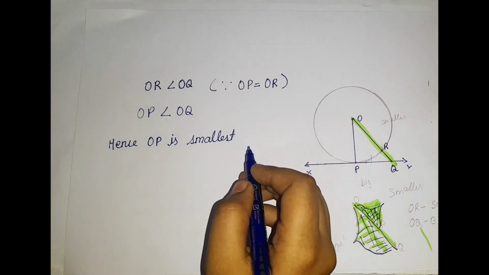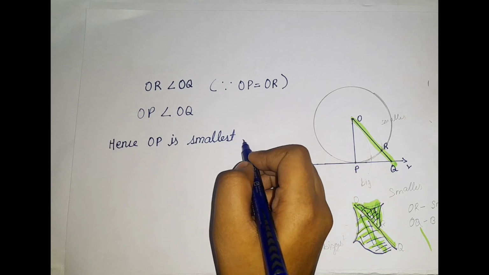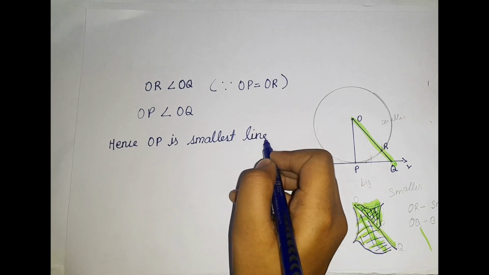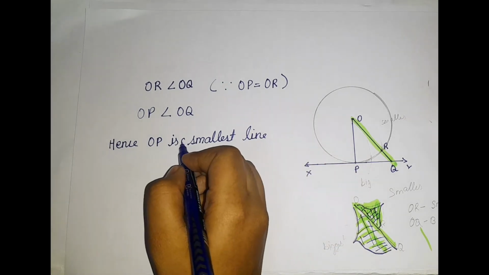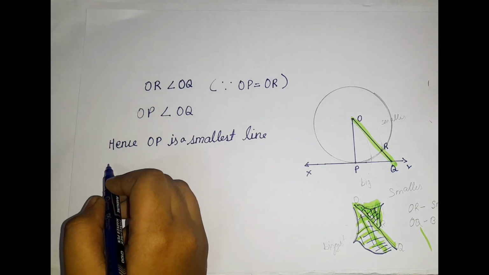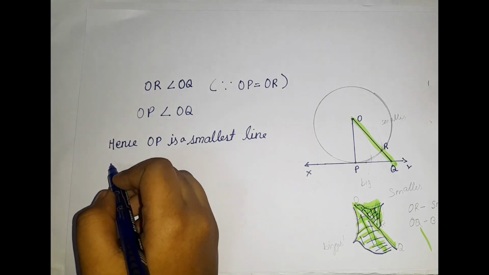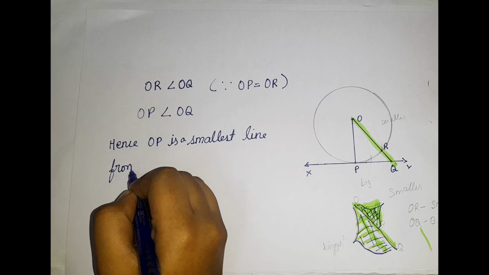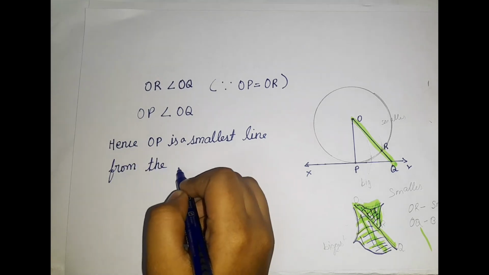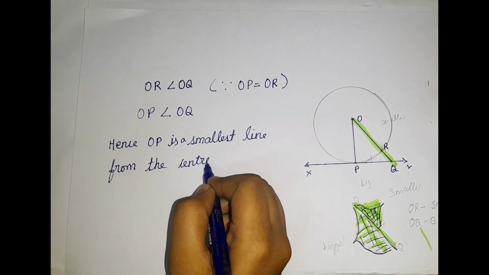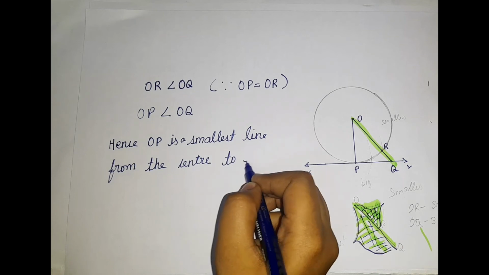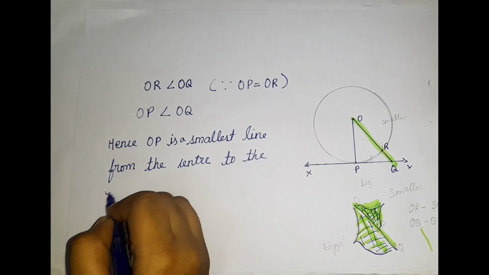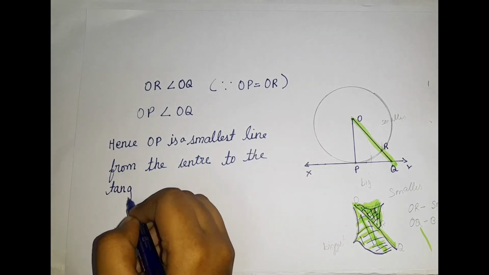Don't use side in this circle lesson. We are supposed to use line. So OP is the smallest line. Since it is the smallest line, from the center to the tangent. Okay, we just mentioned this directly, we didn't mention any values.